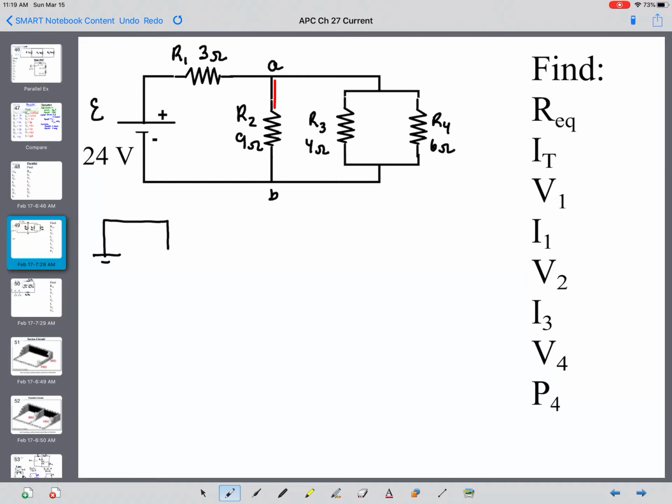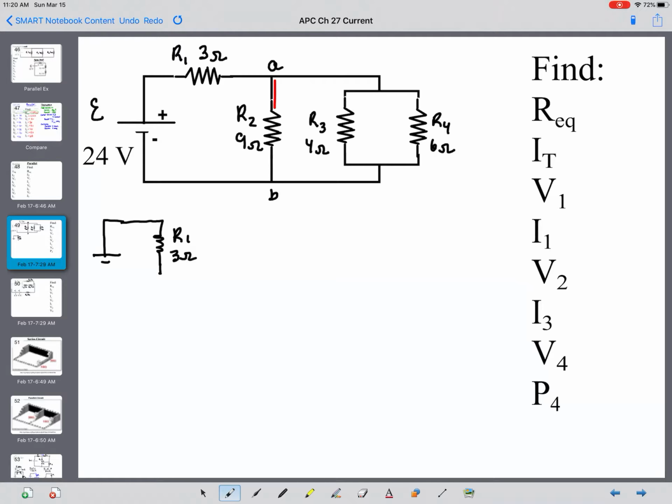I come off the battery and I get to junction A after I have a resistor in there. So if I put a resistor in there, R1, 3 ohms, and then we get to junction A.